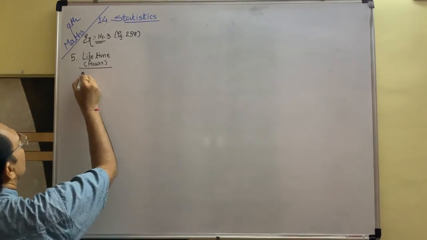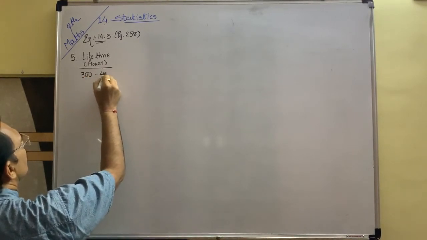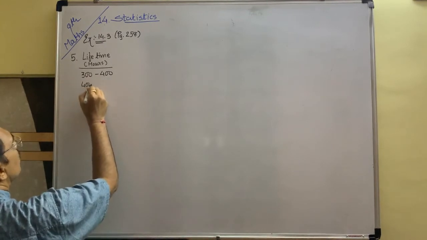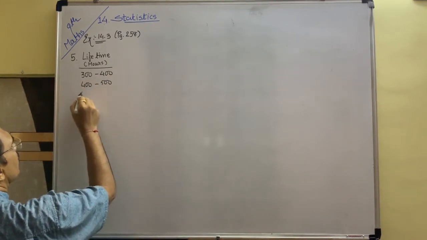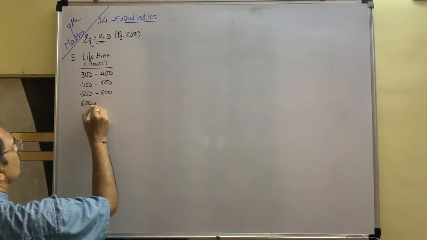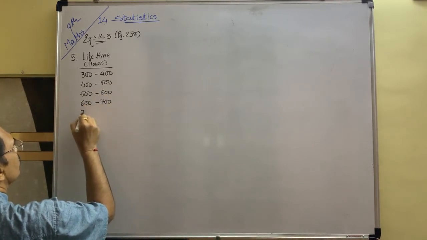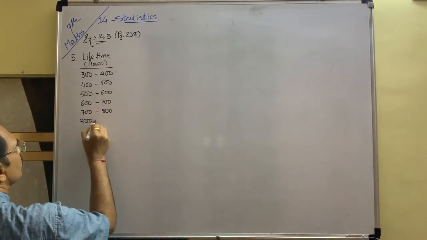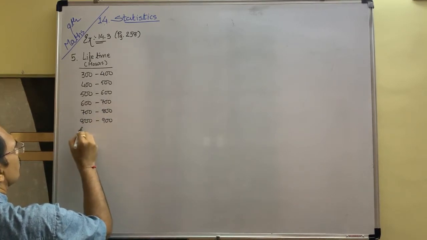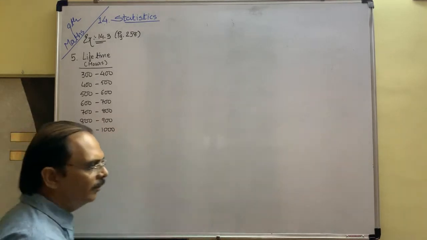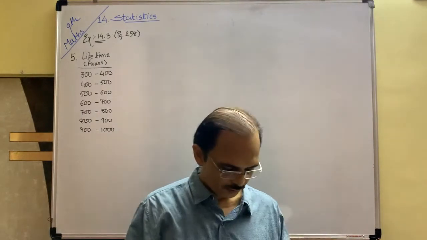300 to 400, and then up to 1000, 400 to 500, okay, up to 1000.